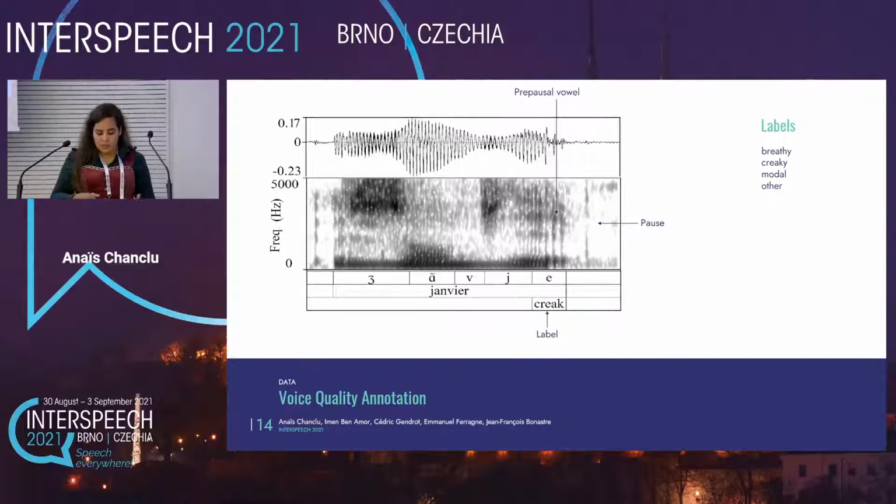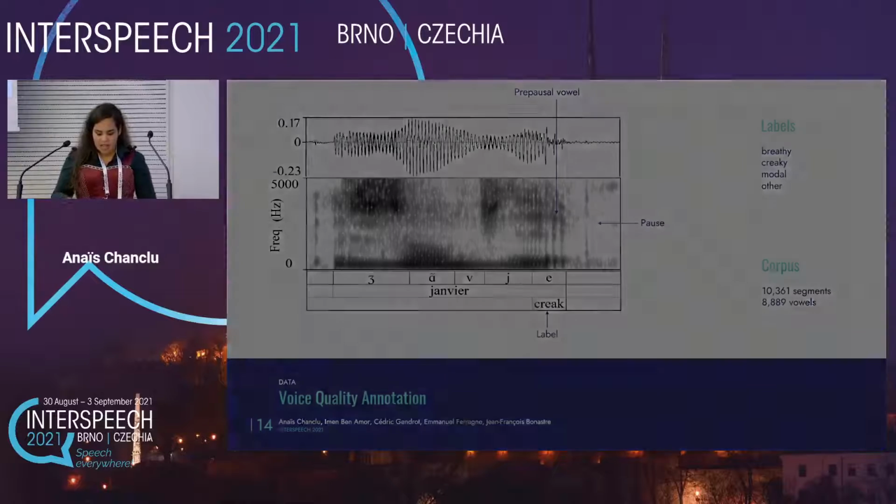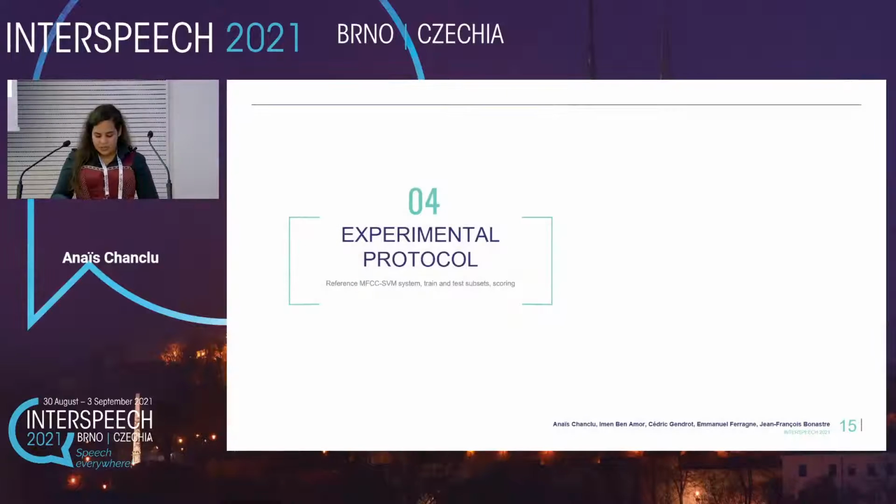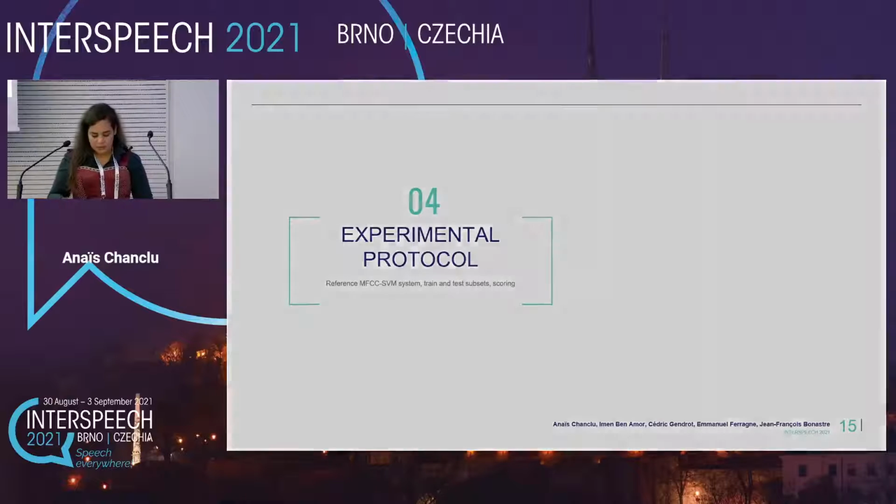As there can be more than one label within a vowel, we use the term segment to refer to the labels within the vowels. The resulting corpus contains 10,361 segments for 8,889 vowels.